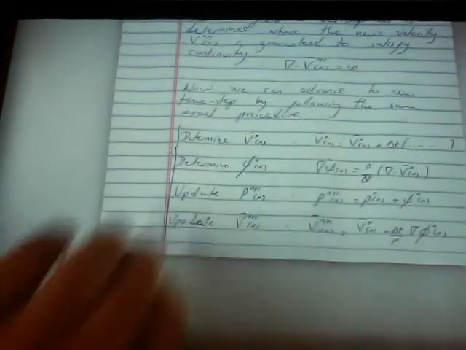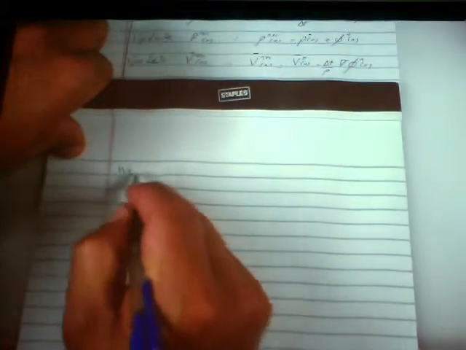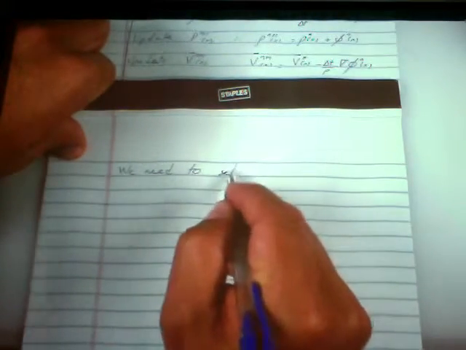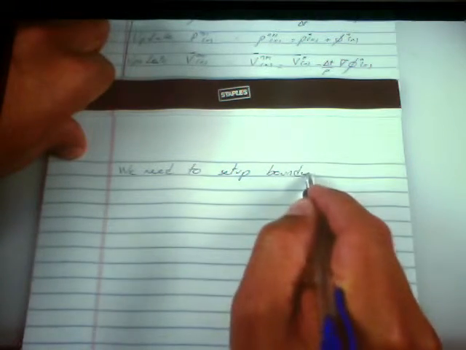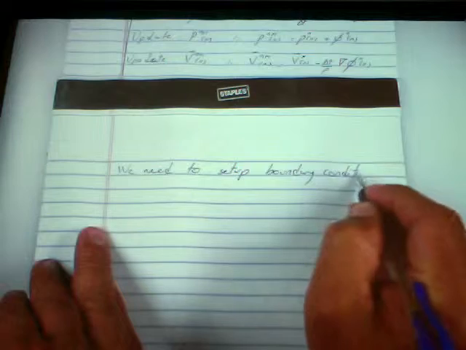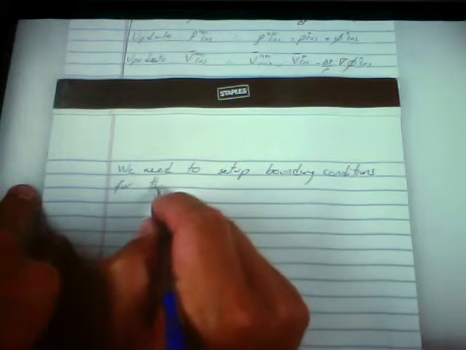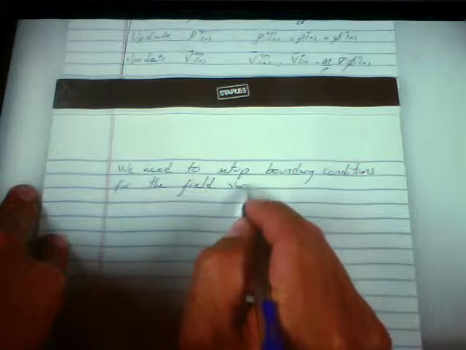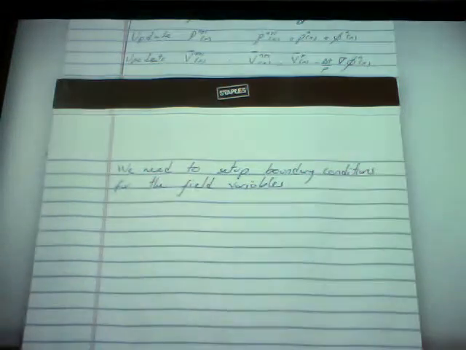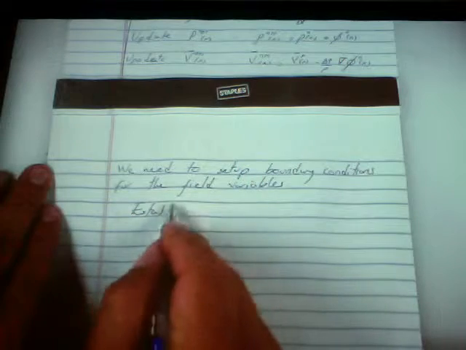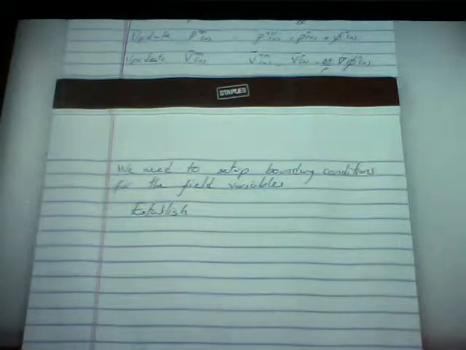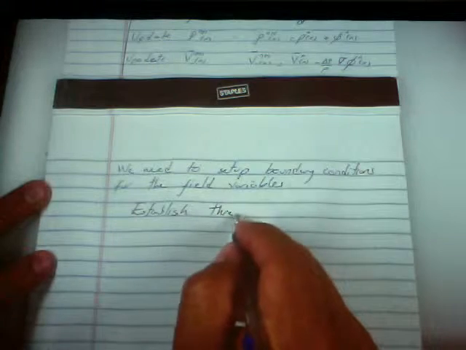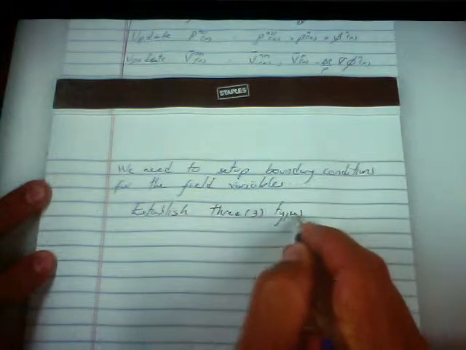So, let's write down boundary conditions. We need to set up boundary conditions for the field variables. There are a few more boundary condition types, but we're going to establish 3 types of BCs.